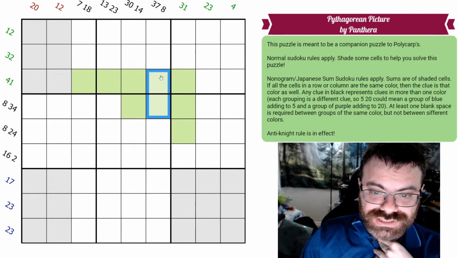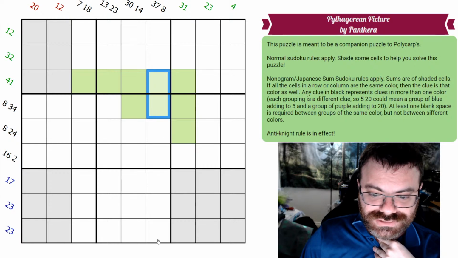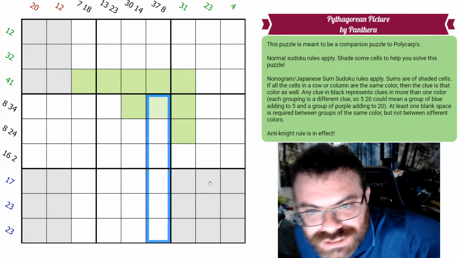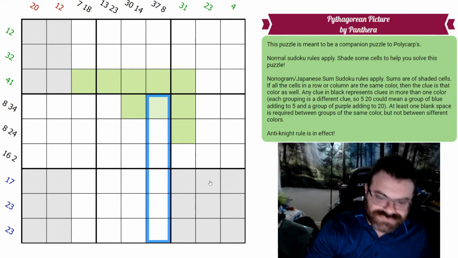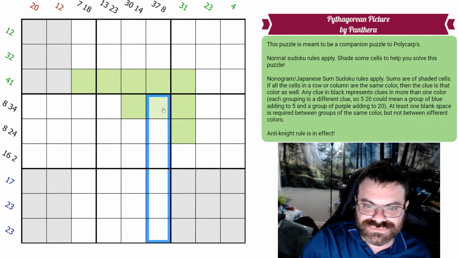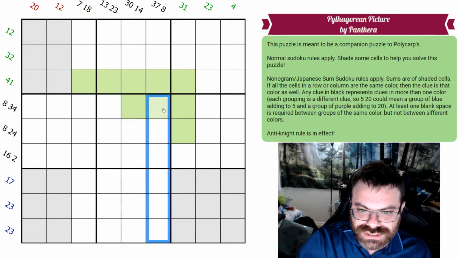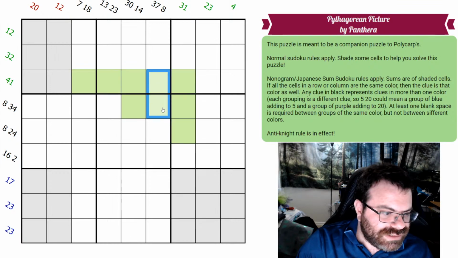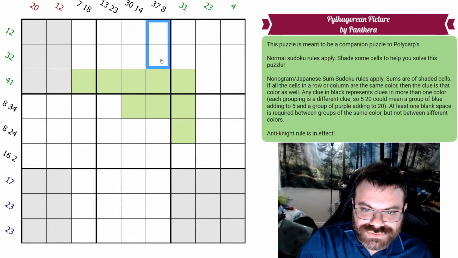37 must be 6 cells. This can't be 8. Oh, could this be the 8? 1, 2, 3, 4, 5, 6. No, it couldn't. So if the 37 were coming from the straight bottom here, 1, 2, 3, 4, 5, 6, that would be 6 long. It overlaps the green. So we're at least 6 long. 1, 2, 3, 4.